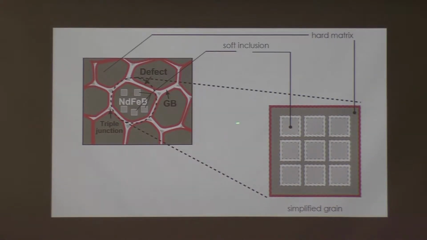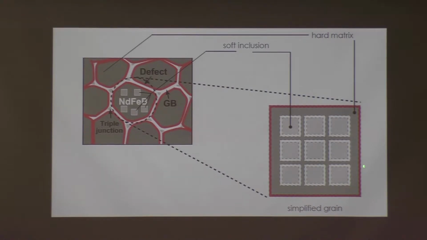And now we want to compute the potential of such a hypothetical magnet and see what magnetic properties we can achieve here. Again, let's look at the structure of one of these grains. At the outer surface, we have either a defect or a soft magnetic grain boundary phase.